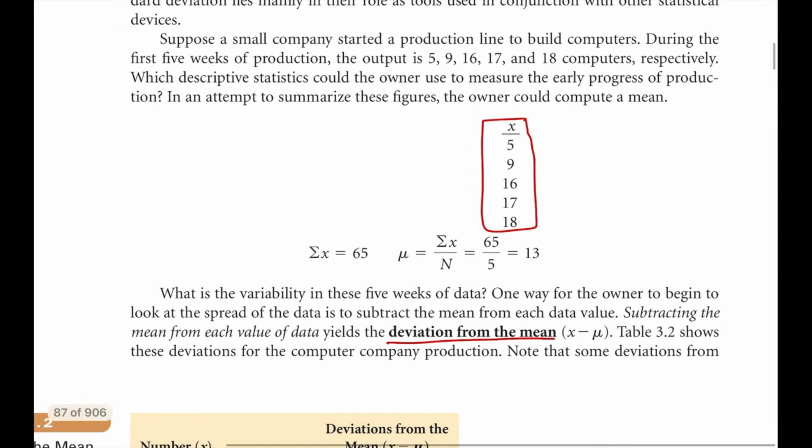The first thing you will do is calculate the mean, which is 13. Let me plot it. Let's say 13 is somewhere here, and then you have all the data points like A, B, C, D, E, F, and this is your average.